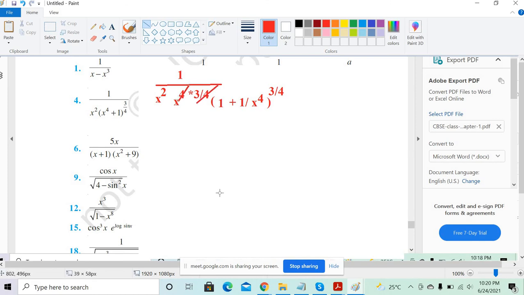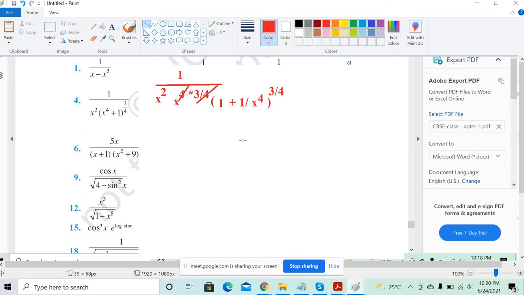So x power cube plus x square will become 1 by x power 5. When you differentiate this term, you will get 1 by x power 5.